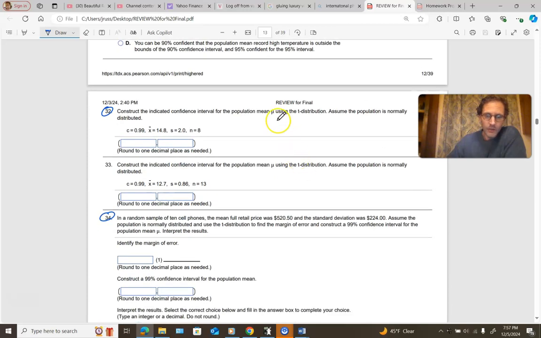And then 32 is a bit different because here we're still finding a confidence interval. However, a standard deviation of the population is not given. And so this would come from section 6.2. So when we don't actually know the standard deviation of the population, we use the standard deviation of the sample as an estimate. And consequently, there is more uncertainty involved.